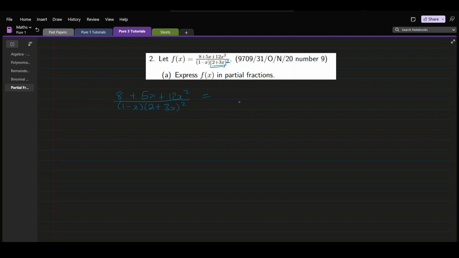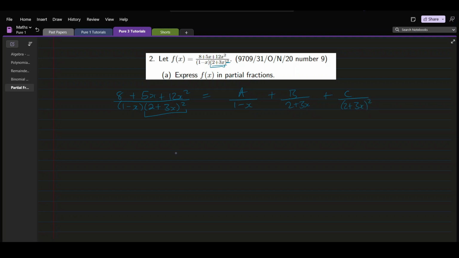We're going to say that this is equal to, we have our linear vector 1 minus x, so we can put our a over there, and then plus, since we have a repeated vector, this becomes b over 2 plus 3x, then plus c over the squared version, 2 plus 3x squared.